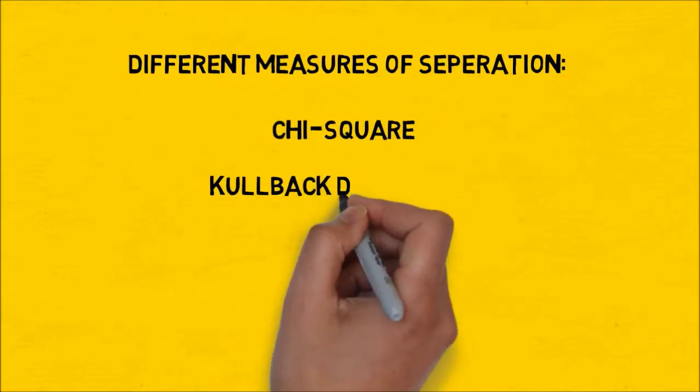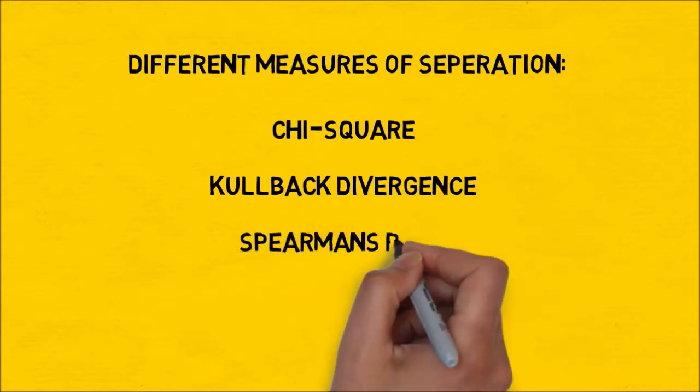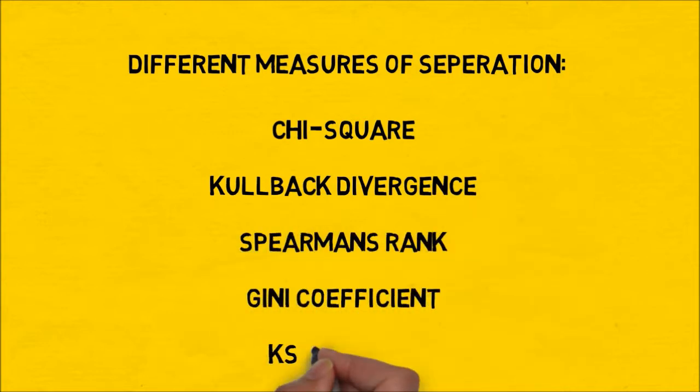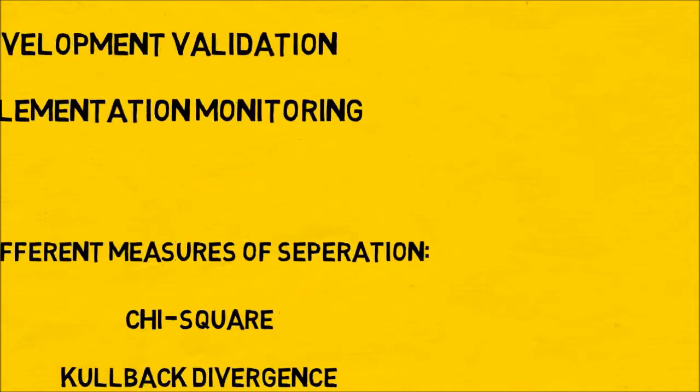Chi-square, Kullback divergence, Spearman's rank, Gini coefficient, and K-statistics are some ways of measuring separation or divergence.